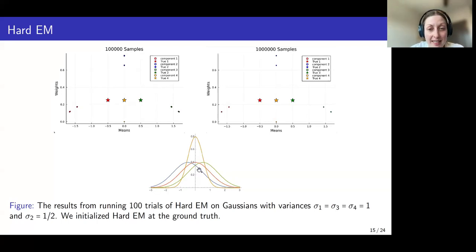I'm taking the example that we had before, where I switched the colors, my apologies, but now this red Gaussian is empty. And I'm considering samples of 100,000 and 1,000,000. So I'm considering a case where I have a ton of samples, approximating population-type data.